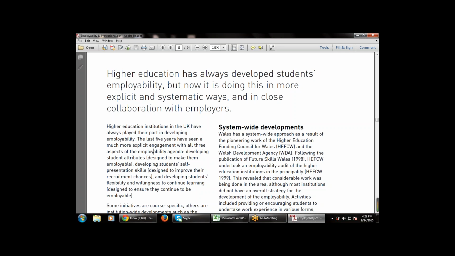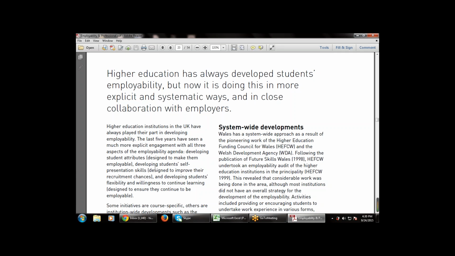So these are the three main scenarios that are used with employability skills. Whenever we use employability within higher education, it plays an important part in developing employability. These are the three main parts of the employability agenda. First is developing the student attributes. Then developing the student self presentation skills.